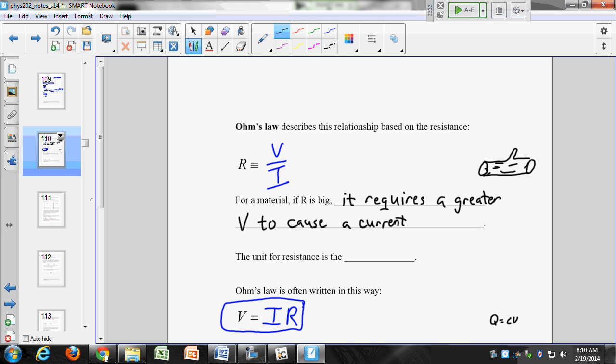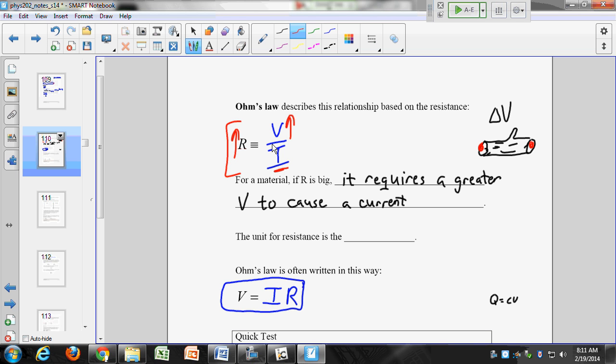I have this log. You think it has a small resistance or a big resistance? Big resistance. It's an insulator, right? But I can put a current across there. If I put a big enough potential difference between this point and this point, eventually I'm going to get a current. It's going to vaporize it too, right? If I put a big enough voltage, it's just going to poof, burn up and it'll be gone. But if I put a big enough voltage, then it will cause a current. So if you have a big resistance, you require a big voltage in order to get a current. And that's fleshed out here in this relationship, that if I want a current in something that has a big resistance, I have to provide a big voltage.